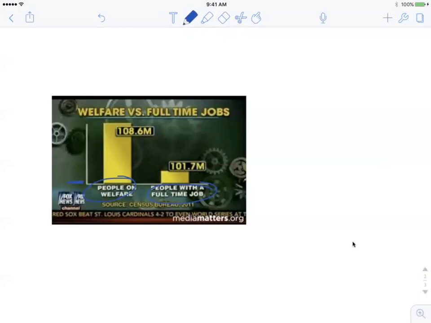This value, they don't even label it, right? But that looks like it's starting already at 100 million. Okay, so if you continue those bars down to the true x-axis, these two bars would be very similar.